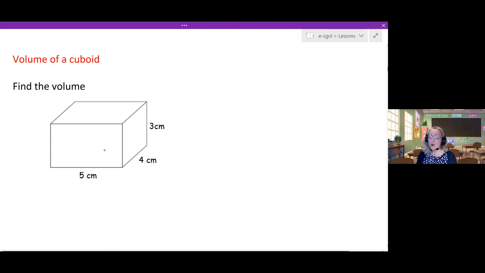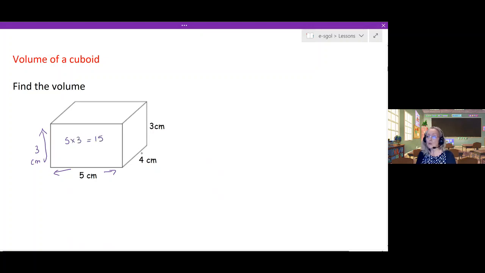So on this one, I can find the area of this face here at the front, where this side is 5, and this side here, this is 3 centimetres because it's the same height as this 3 back here. So this face here is 5 multiplied by 3, which is 15.